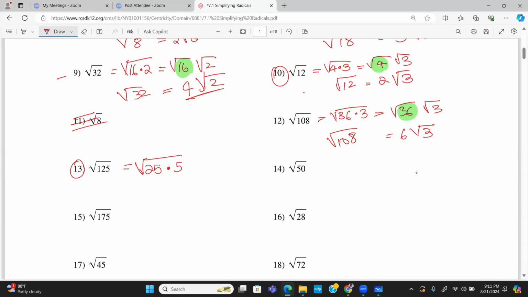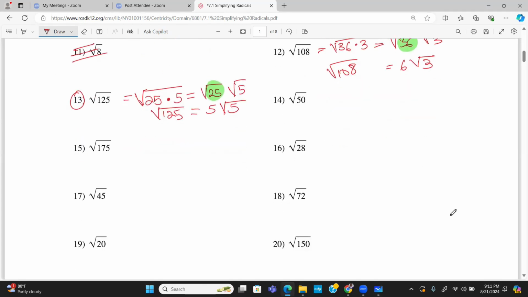So 25 times 5, which means that I'm able to split this into the root of 25 times the root of 5. 25 is actually a square number. So the root of 25 is 5. But remember that the number 5 is not a square number, so I have to leave it under the root sign. So in conclusion, we could say that the root of 125 when simplified is actually 5 root 5.